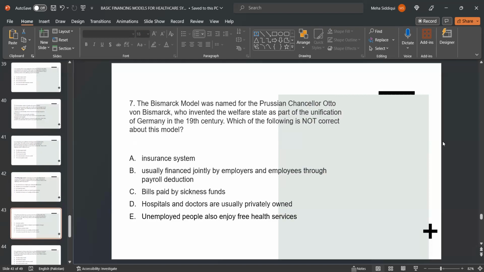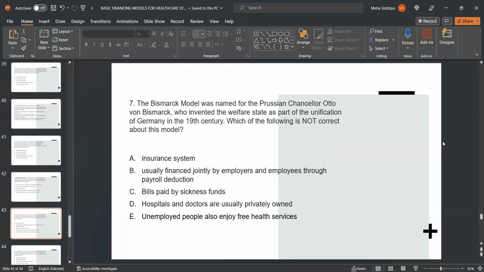MCQ number 7. The Bismarck model was named for the Prussian Chancellor Bismarck, who invented the welfare state as a part of the unification of Germany in the 19th century. Which of the following is not correct about this model? It is an insurance system, usually financed jointly by employers and employees through payroll deduction, with bills paid by sickness funds. Hospitals and doctors are usually privately owned.